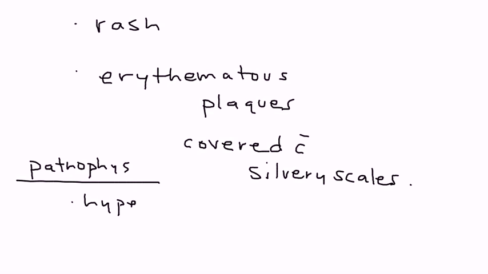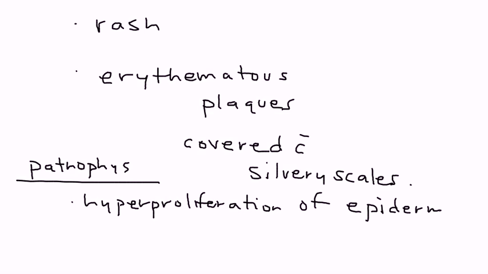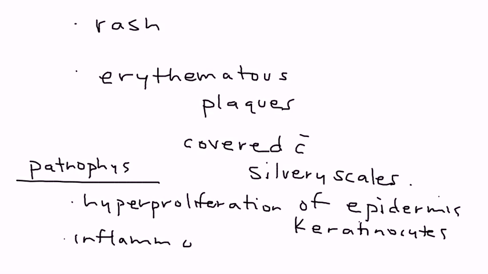What you have in psoriasis is hyperproliferation of the cells of the epidermis, and those cells are called keratinocytes. And then in addition to this, you also have inflammation of the epidermis and the underlying dermis as well.